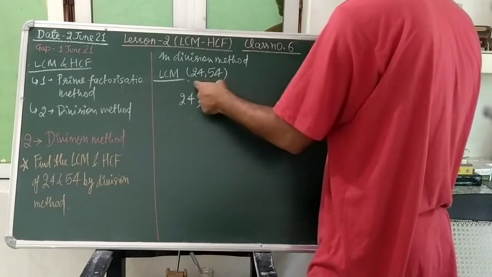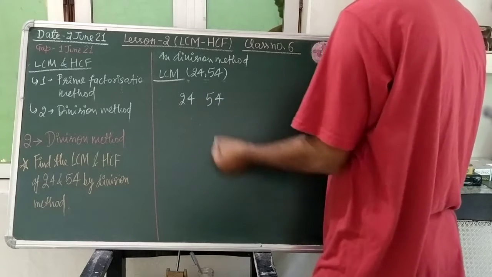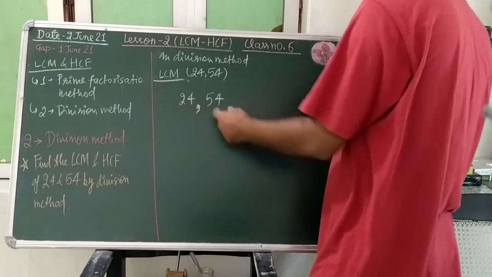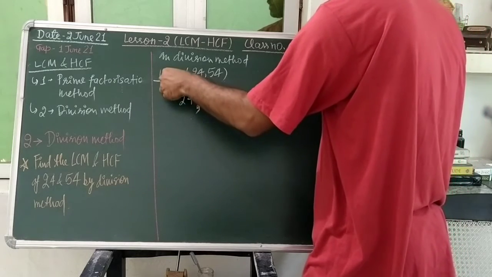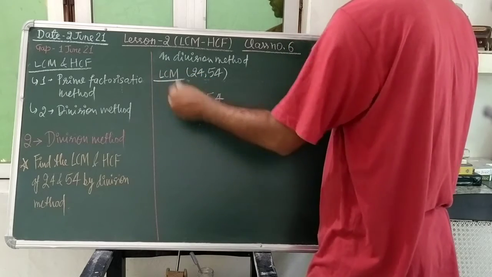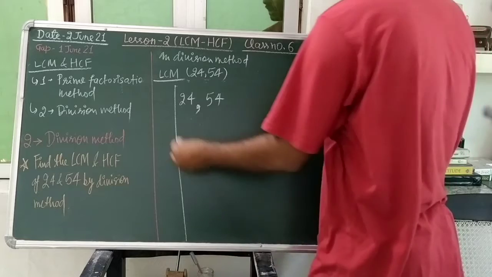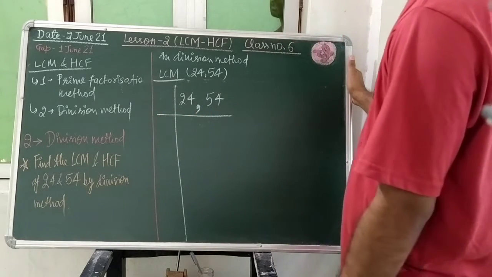So here are only two numbers, so those two numbers we will select, and in between there will be a comma. This is the first number, this is the second number, and we shall draw a vertical line and divide it with horizontal lines.